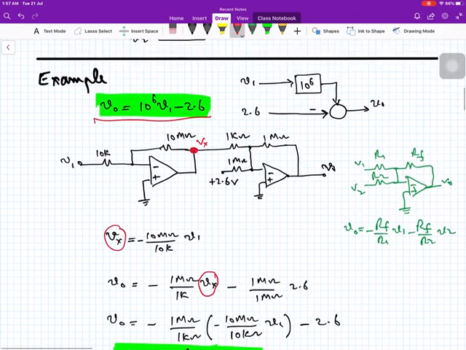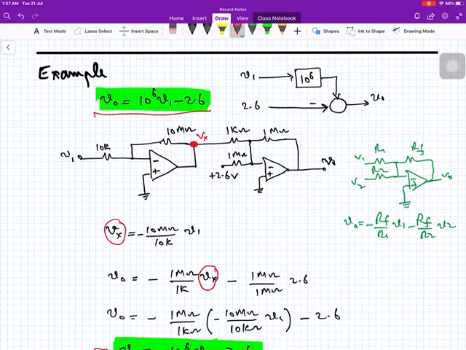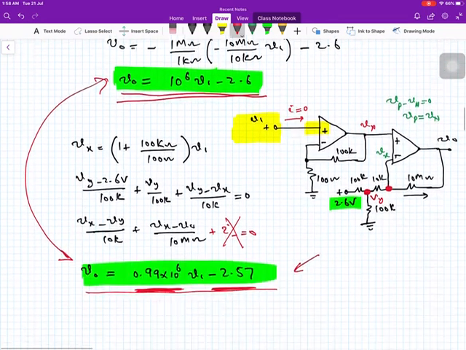If we see the previous one over here, look at this circuit diagram, this V1 is directly connected to ground, and due to our assumption, this is almost equal to ground. So this is known as virtual ground. So the current flowing through this will be V1 over 10K. This is the current.